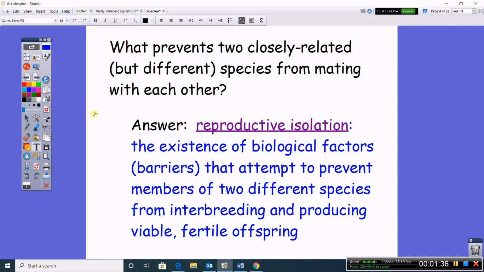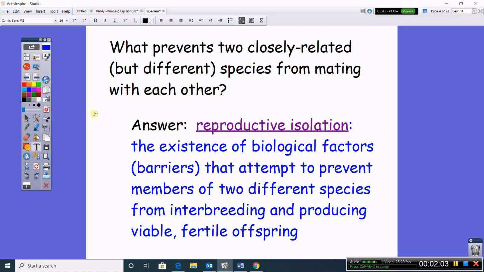In other words, there are mechanisms in place to discourage two closely related species from interbreeding. So what we mean by reproductive isolation is the existence of biological factors or barriers that attempt to prevent members of two different species from interbreeding and producing viable, fertile offspring.